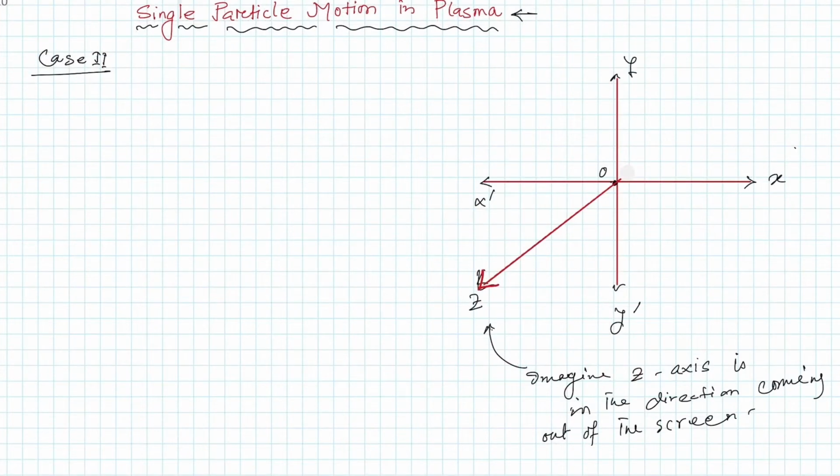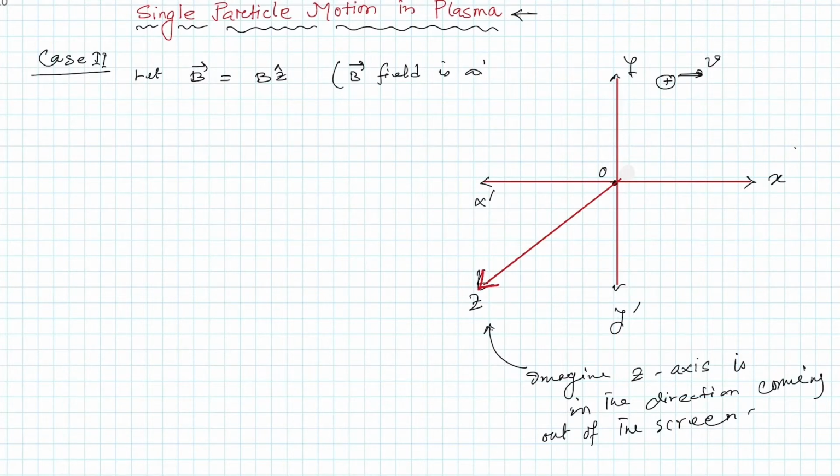Now in this case, let us suppose this is a positive charge with velocity v, and here let us apply a magnetic field B is equal to B z cap. We have applied the magnetic field along the z axis.